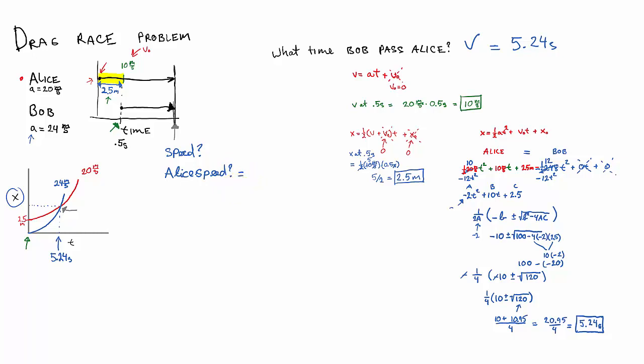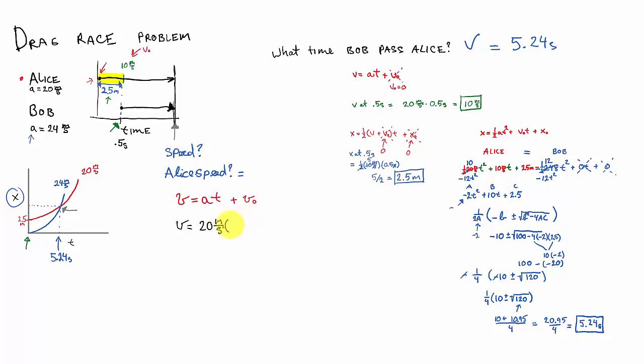Well, honestly, it's plug and chug at this point. So we have velocity equals acceleration times time plus velocity initial. Well, for Alice, this is going to be acceleration 20 meters per second. Always keep track of your units as well.